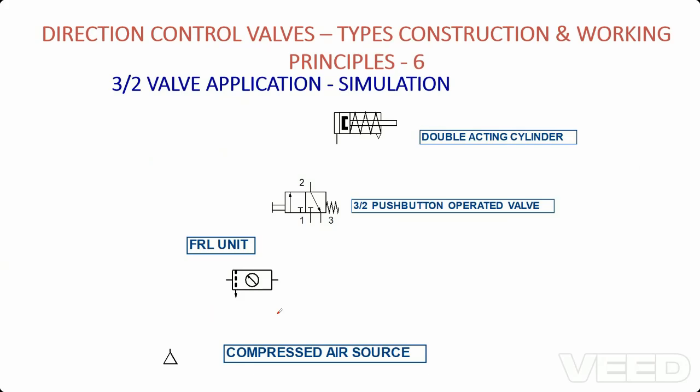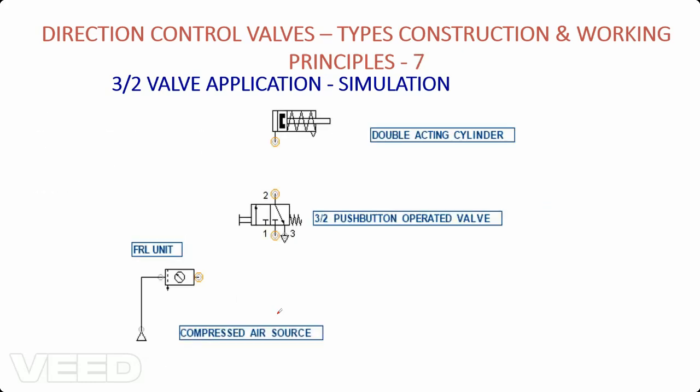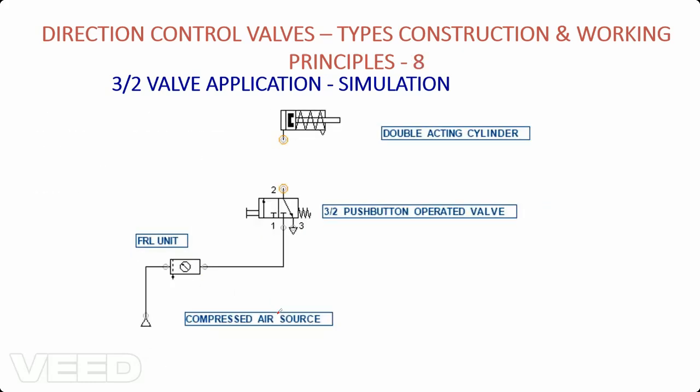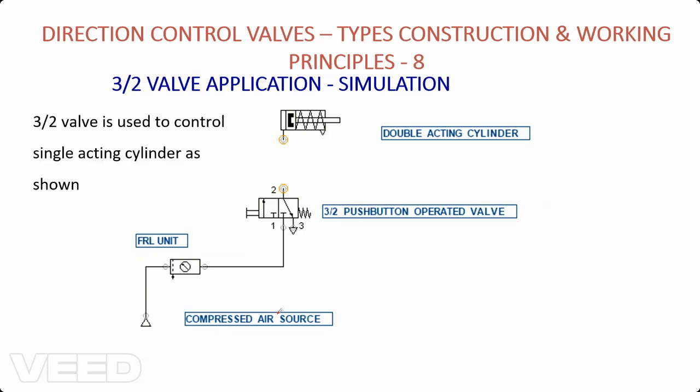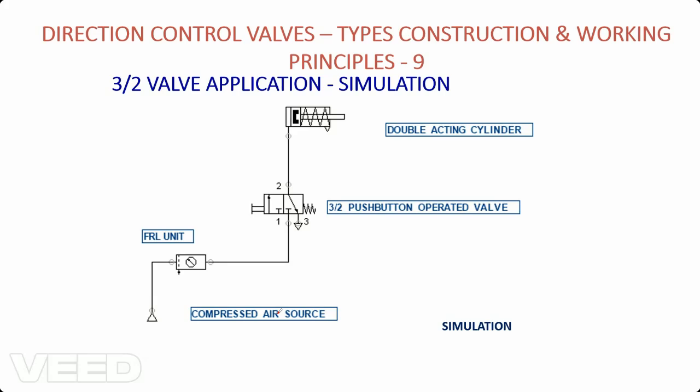Here you can see a simple sequence of operation has been connected. We have a single acting cylinder, a 3 by 2, and as usually needed, a pressure source, the compressor. For regulating the air pressure, we have an FRL unit. From the compressor to the FRL, we connect the FRL to our 3 by 2 component, and the component to my single acting cylinder.